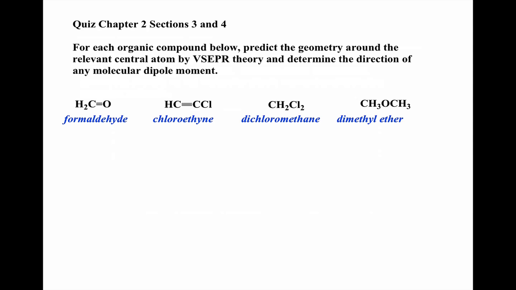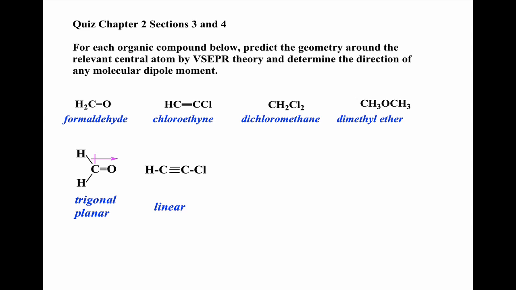What do you think about these? Are they polar or nonpolar? Are all those molecules going to be polar or nonpolar? They're all going to be polar. And which way is the dipole going to go in formaldehyde? Towards the oxygen, right? So if we look at the actual structure, we know that formaldehyde is going to have a trigonal planar structure, and the dipole is going to go from the carbon to the oxygen.